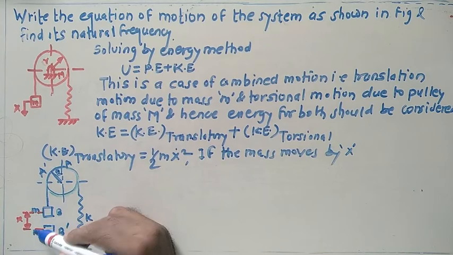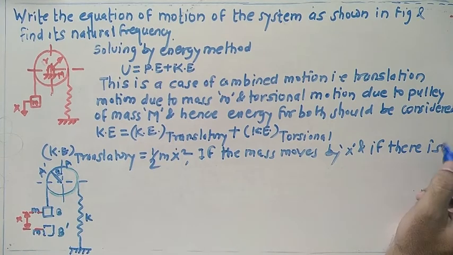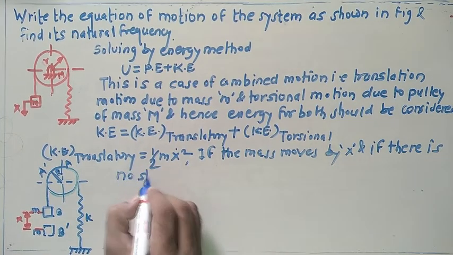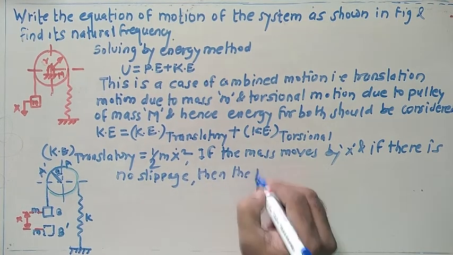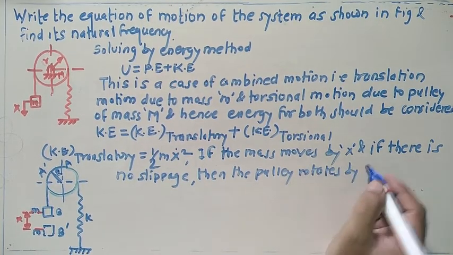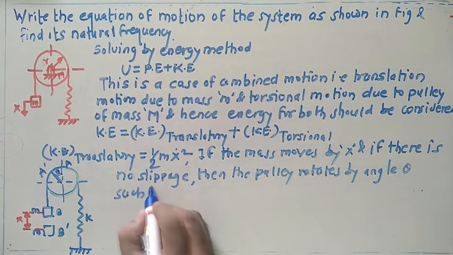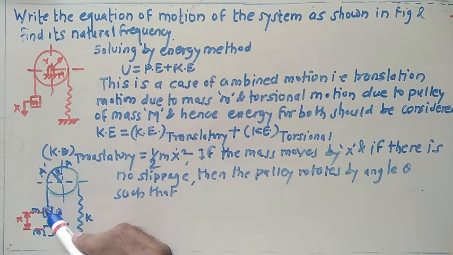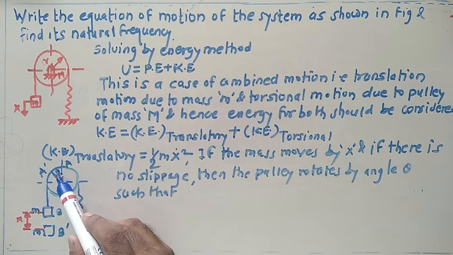If there is no slippage, then the pulley rotates by angle theta, such that if I pull this mass in the downward direction, the displacement occurs by distance x, and at the same time the pulley rotates by angle theta. Our aim is to get the relation between this theta and this x.